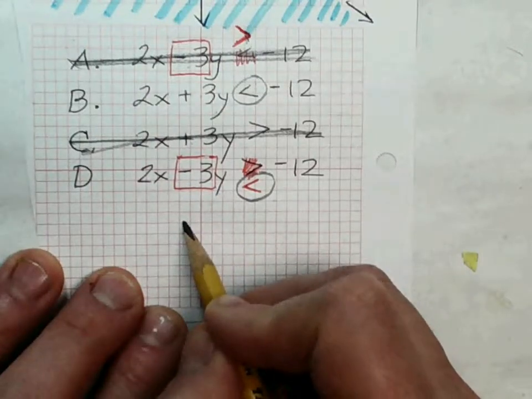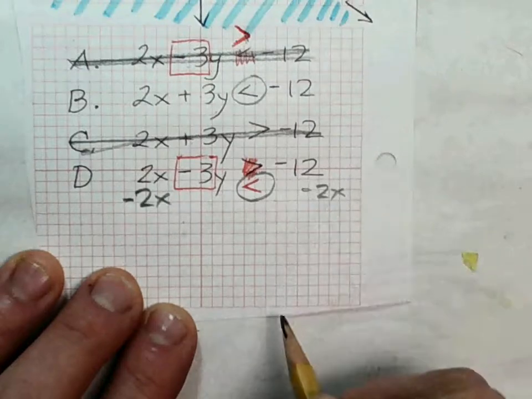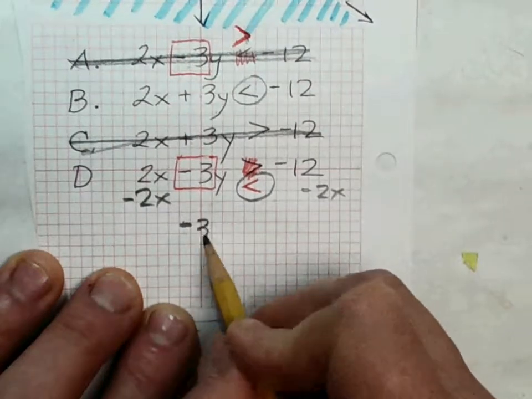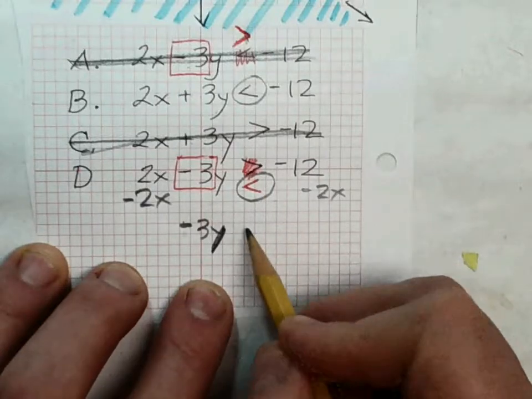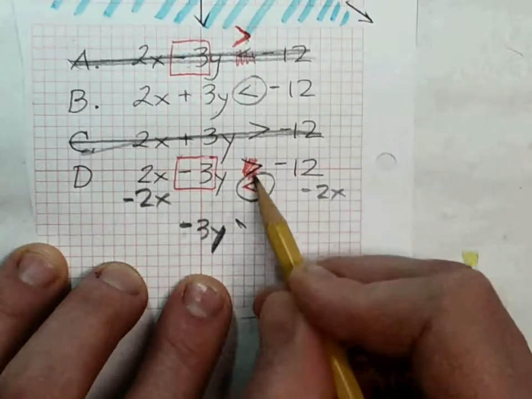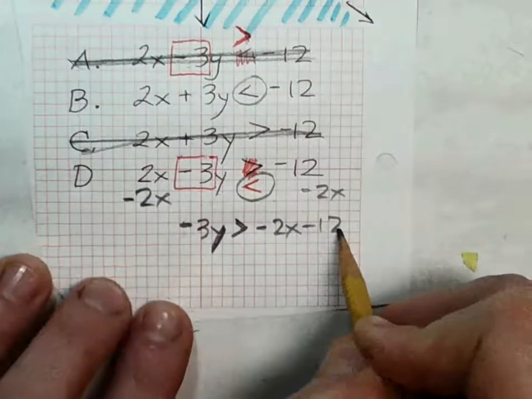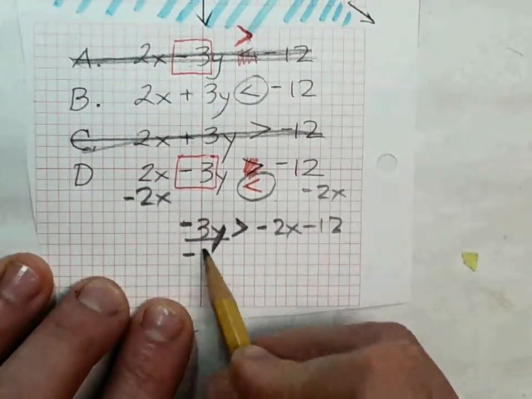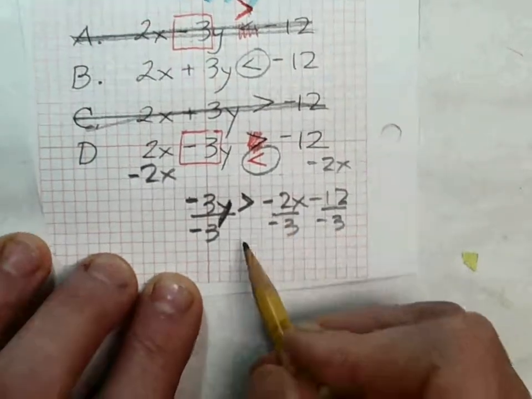I'm going to move my 2x to the other side, and I'll get negative 3y. I'm going to shift it here in a second. I'm going to go with the original, greater than negative 2x minus 12, and I'm going to divide by a negative. And so I get y.